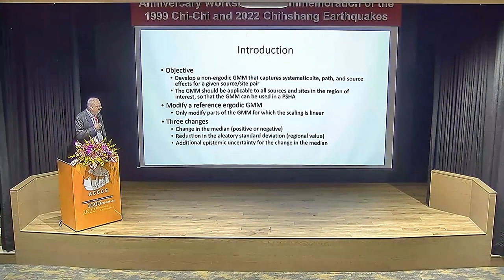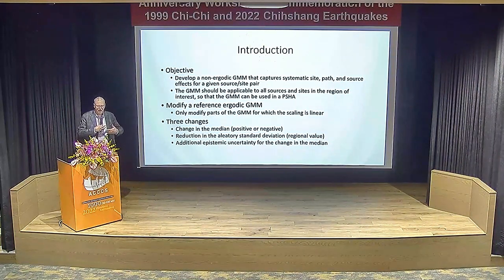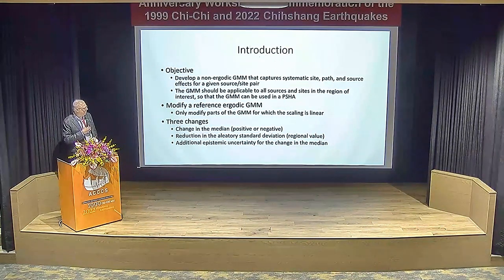And we're going to modify things that are behaving linearly. This is going to allow us to take weak motion data and modify that part of the model. Anything that's more complicated, we're going to base that still on what's in the ergodic ground motion model. So any complicated magnitude scaling, or things like nonlinear site response, or effects of hanging wall and so forth, we don't try to get that from the non-ergodic terms.